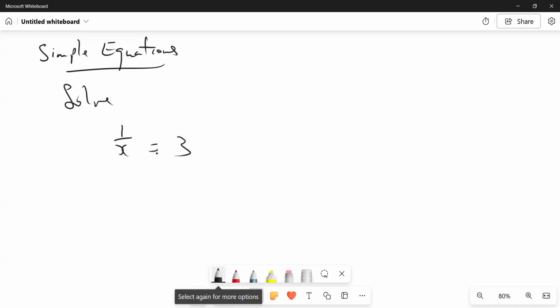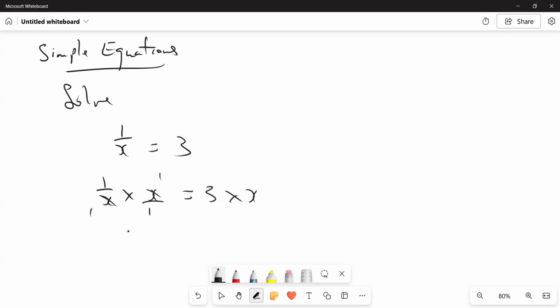Well, you can take the 1 over x, multiply it by x, which is 3 times x. You do that to both sides. You can place this over 1, no problem. You cancel, and you end up with 1 equal 3x.